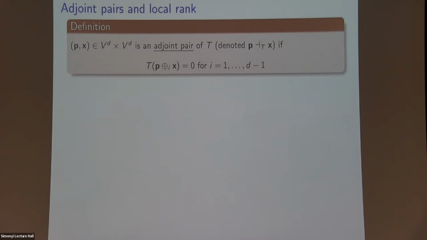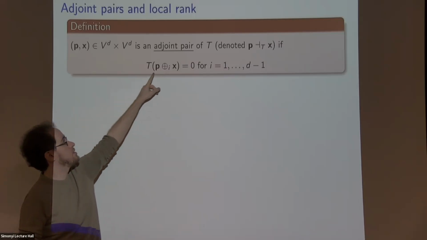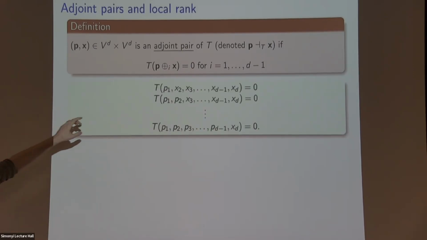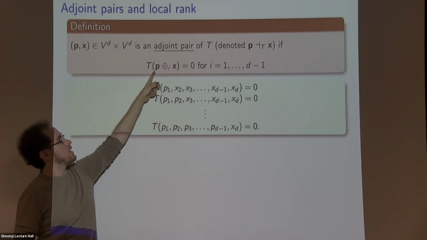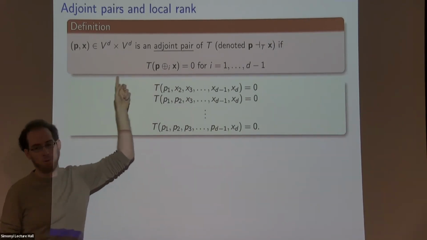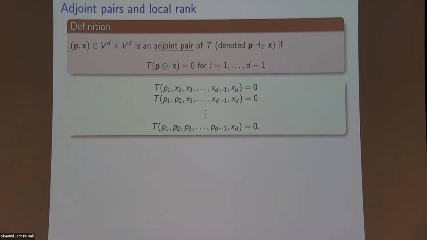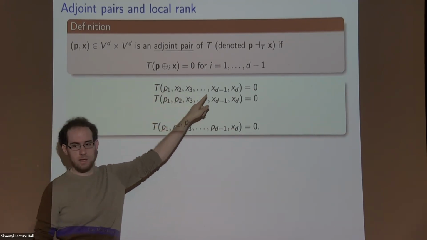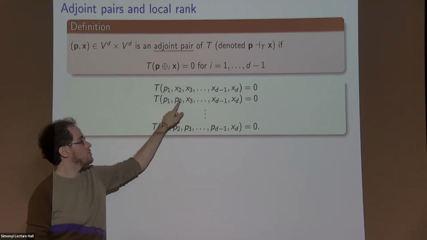So suppose you have two points now, P and X. We have these d-1 conditions, where we look at d-1 points that I denote as P concatenation i X, by which I mean the points where the first i components come from P, and the rest come from X. So if i equals 1, I get P1, and then the rest are X's. i equals 2, P1, P2, and the rest are X's.